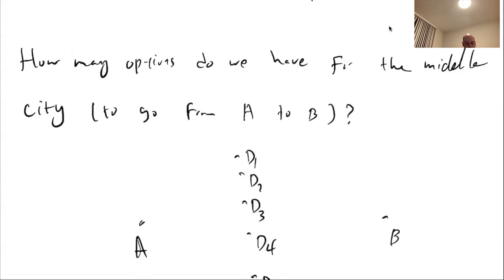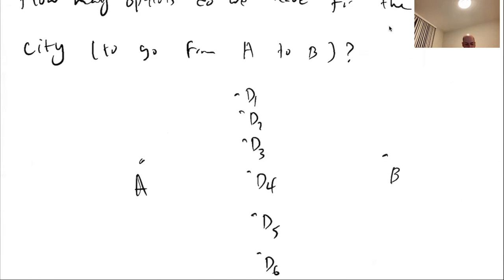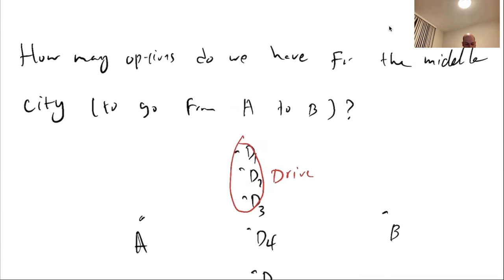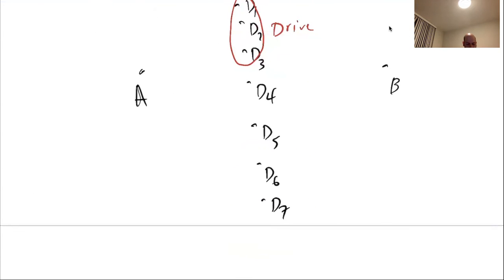So D1, D2, D3, if we drive, D4, D5, if we fly, and the other two, if we take the train.